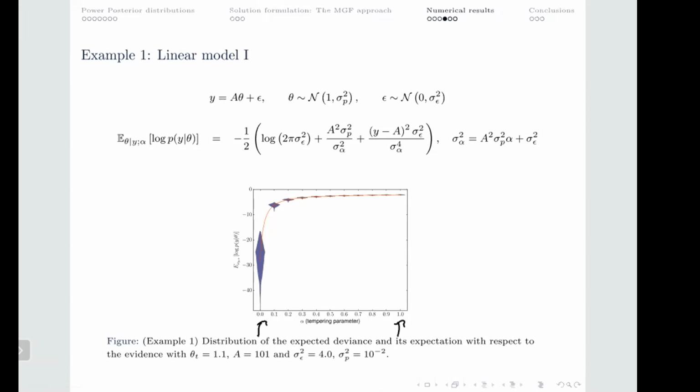But this is a well-posed problem. Think now if you have an ill-posed problem. Will we have the same behavior, or will the behavior change, and can that help us parameterize our prior distribution better?